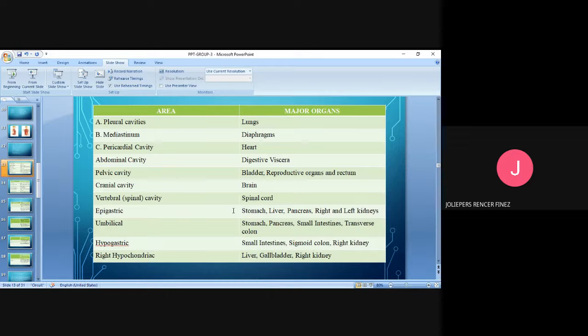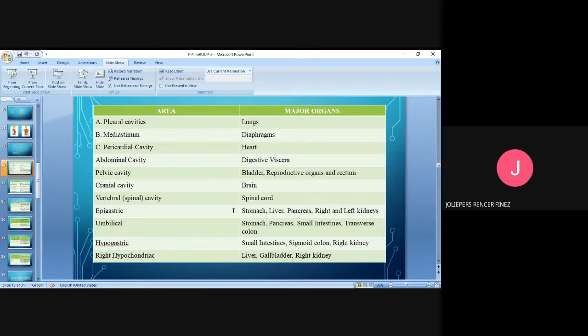Thank you. These are the cavities, regions, quadrants, and their organs. So again, a cavity accommodates the organs and other structures. It is a space or a compartment, and the potential spaces contain fluid. From thoracic to the vertebral are the body cavities, and there are two internal body cavities, the dorsal and the ventral.